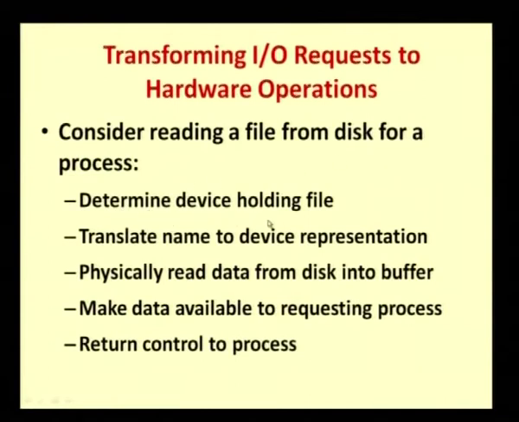Determine the device holding the file. Translate the name to the device representation. Physically read data from disk into a buffer. Make the data available to the requesting process. Return the control to the process. So this is how we transform the IO request to a hardware device in order to carry out the operations.